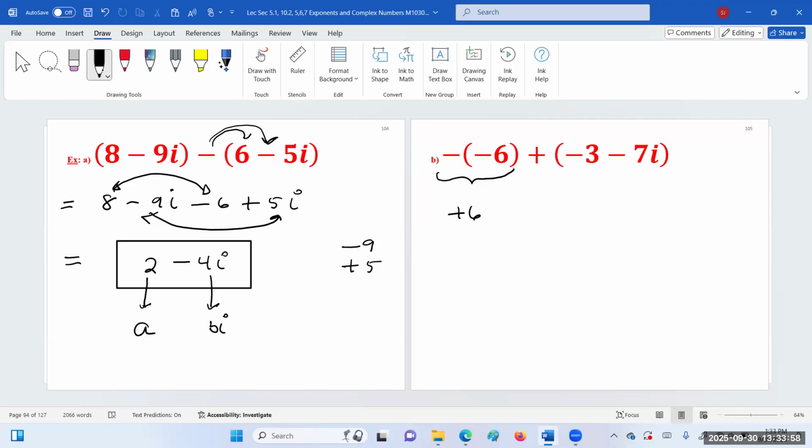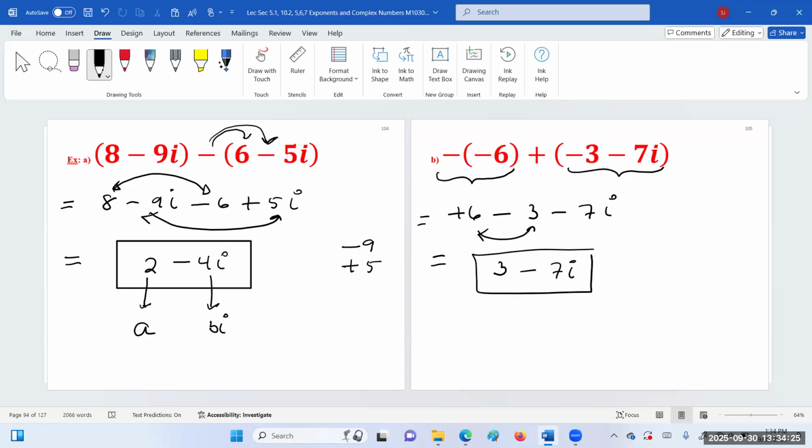And you're adding this time, so will the sign change or not change for the second polynomial? No changes. So -3 -7i. So what do you observe? 6 minus 3 is 3, minus 7i. So this time we don't have any like terms with the i. We only have like terms with the real numbers.